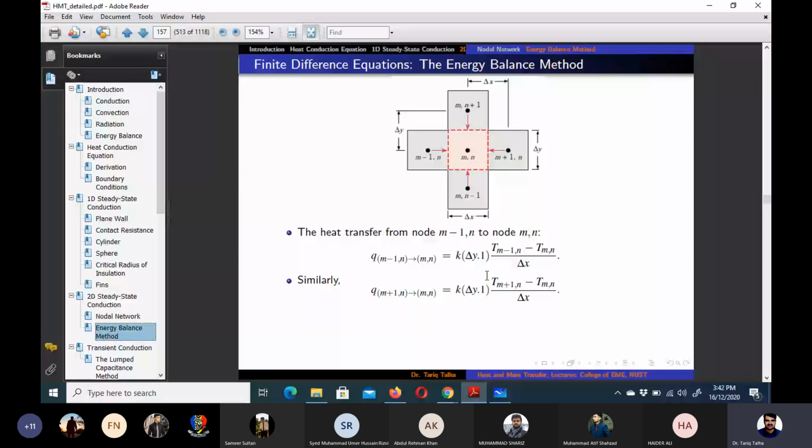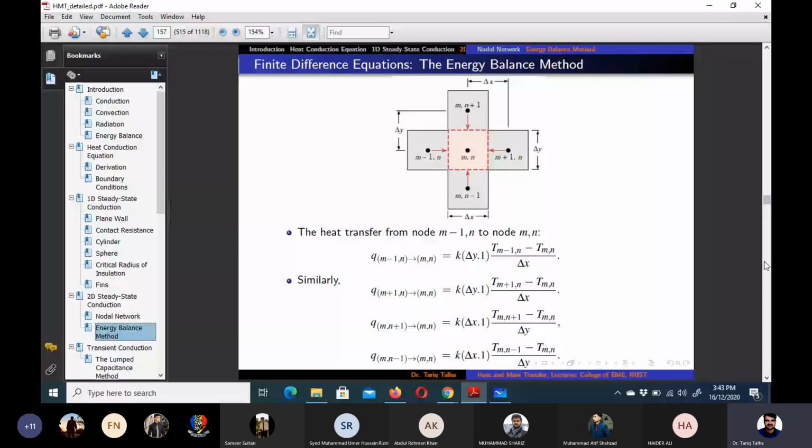The rule of thumb is that whatever the principal node is, it would come second in that difference. As shown, Tmn is coming second in that difference formula, because we are assuming that all the energy is coming in. But of course it is not true, because in the end when we calculate all the temperatures, some energy would be going out as well from Tmn to have that steady state operation.